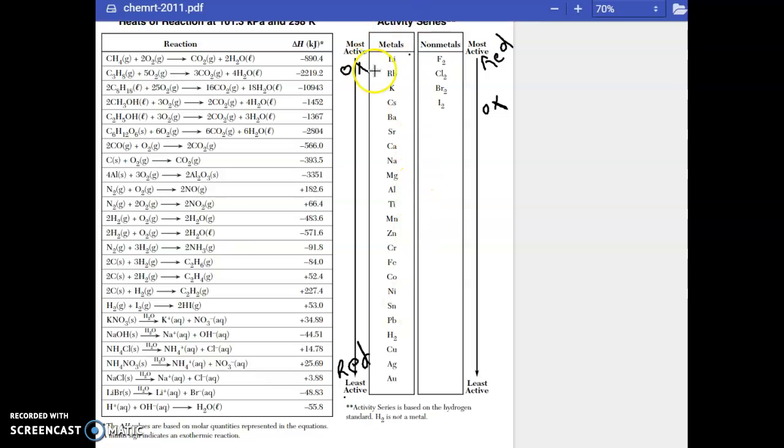If, let's say, you have lithium ion trying to react with a lead solid, that's not going to work. The solid has to be up top and the ion has to be below it in order for the reaction to occur.